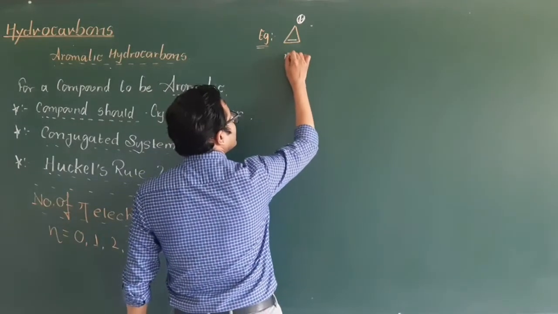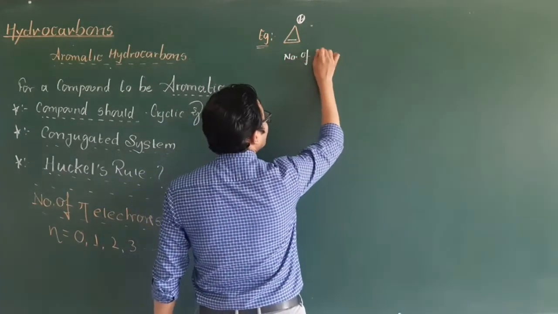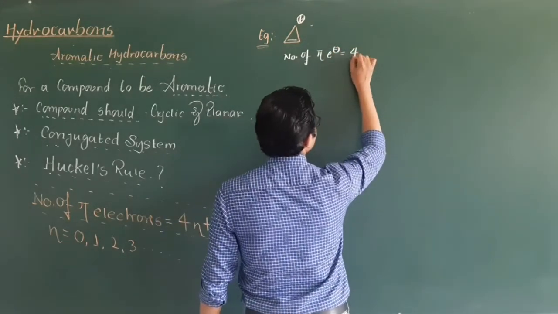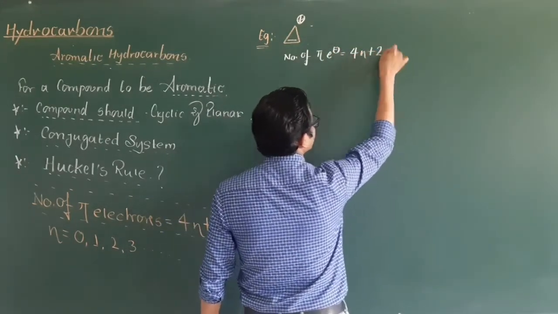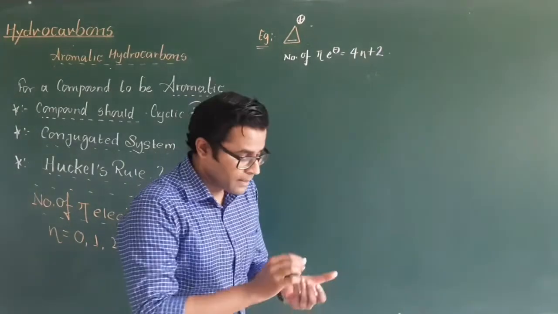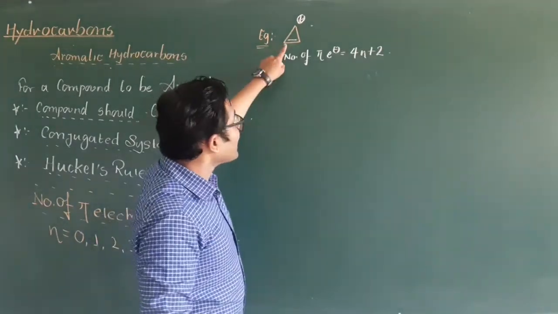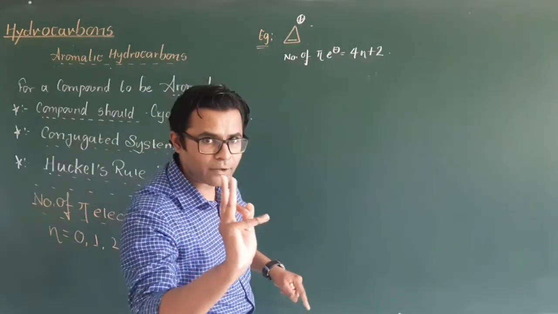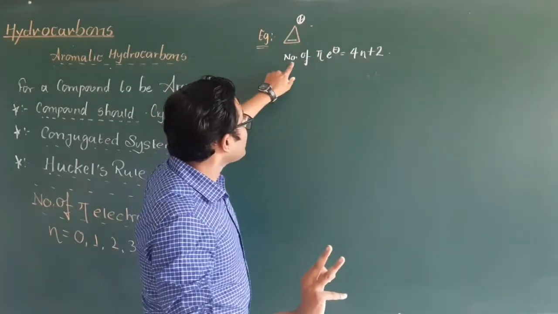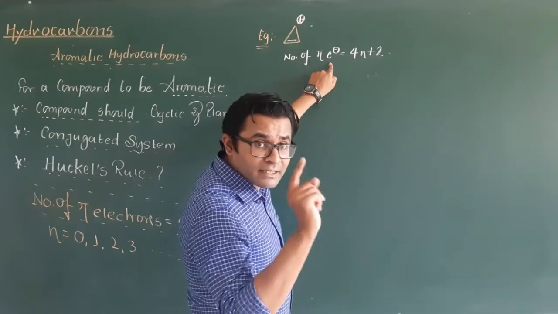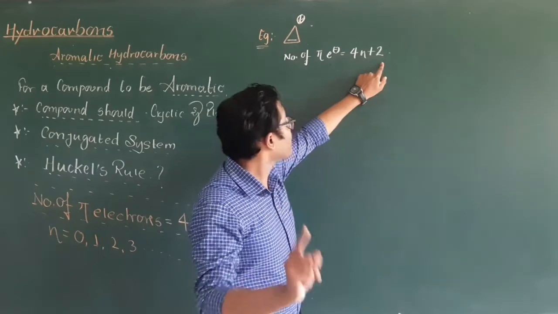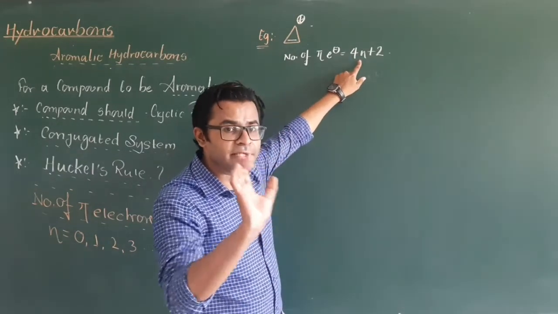The number of pi electrons should be equal to 4n plus 2. Now, how many pi electrons do we have here? We have one pi bond, that means 2 electrons. Correct. Now, the number of pi electrons can be equal to this particular sum provided n becomes 0.